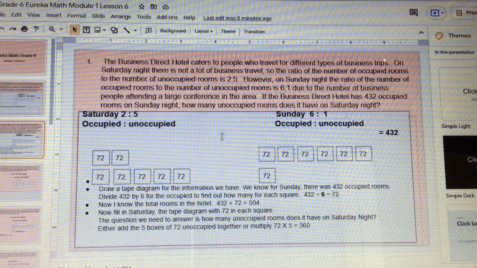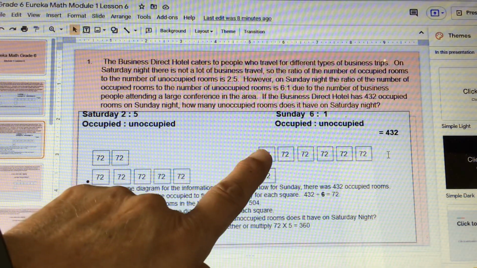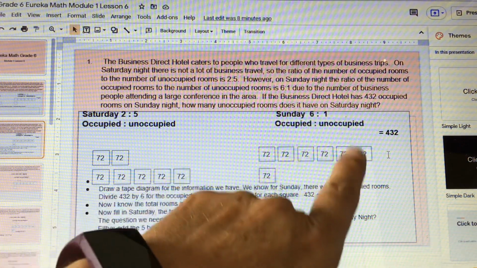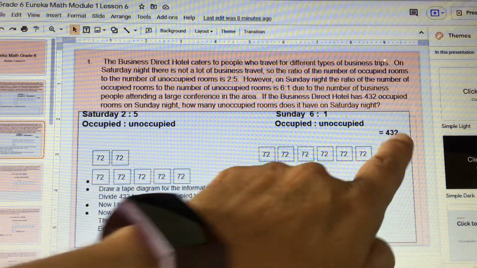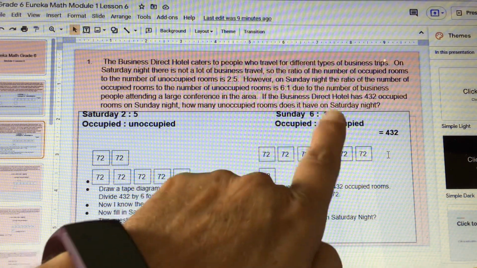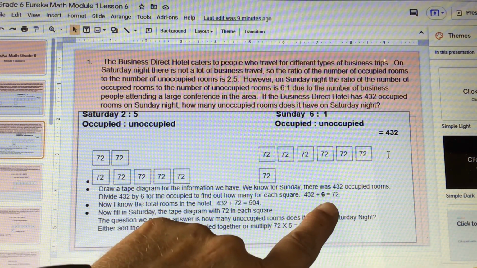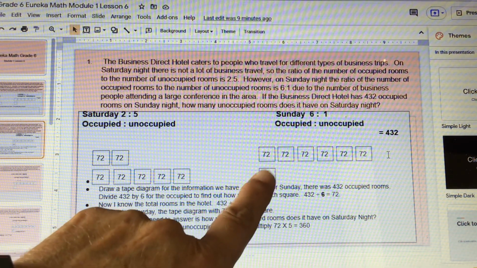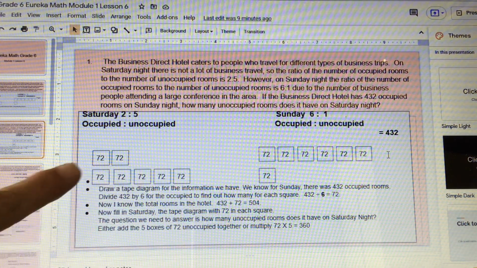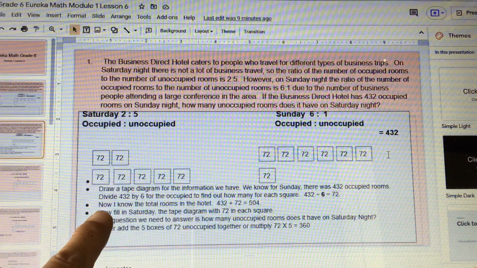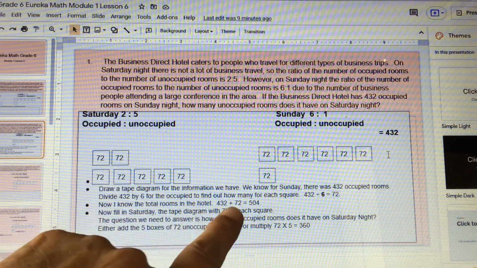Okay, so in order to solve it, because you had the 432, you could divide your 6 occupied into 432 to find out how much each square would equal, which would be 72. So if I put 72 here, this should also be 72, and then these would all be 72. Now I know the total rooms in the hotel.